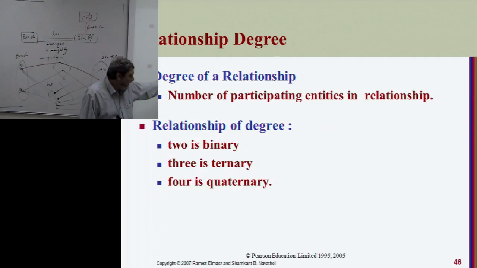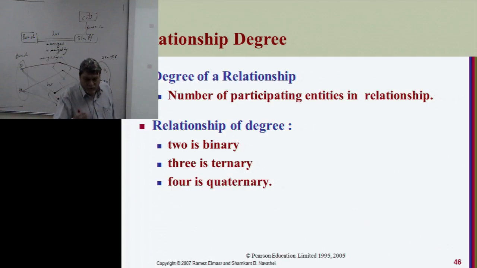So it's binary if it has two, it's relating two entity types. Ternary if it relates three entity types. Quaternary if it relates four, and so on. I prefer to use binary and higher degree. Two names.